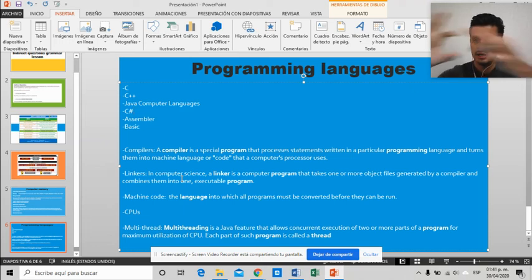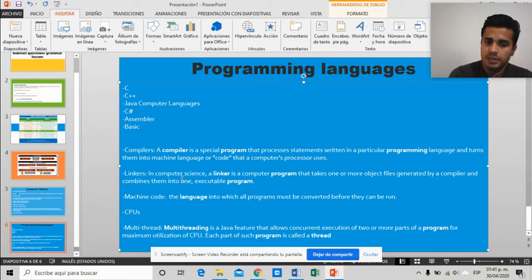Something like a chain, like two things connected. That is a link, basically. So your linker is going to take the files that have been generated by the compiler, and it's going to merge them, combine them into one executable program.